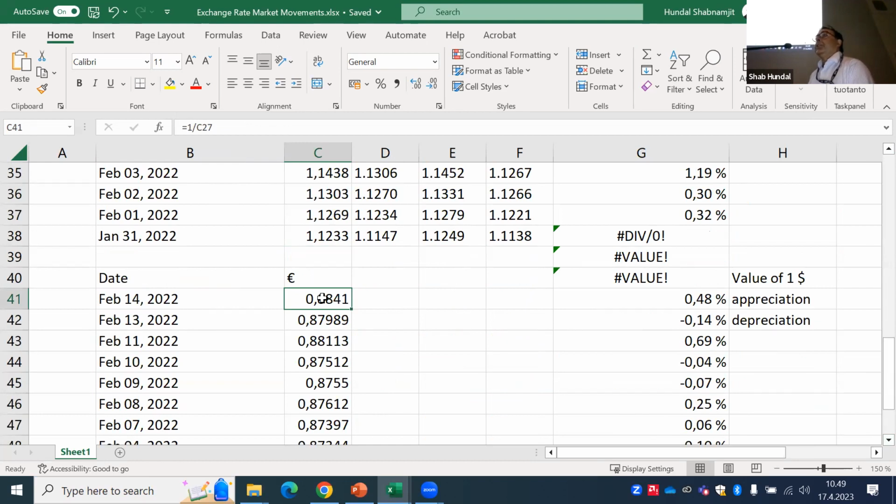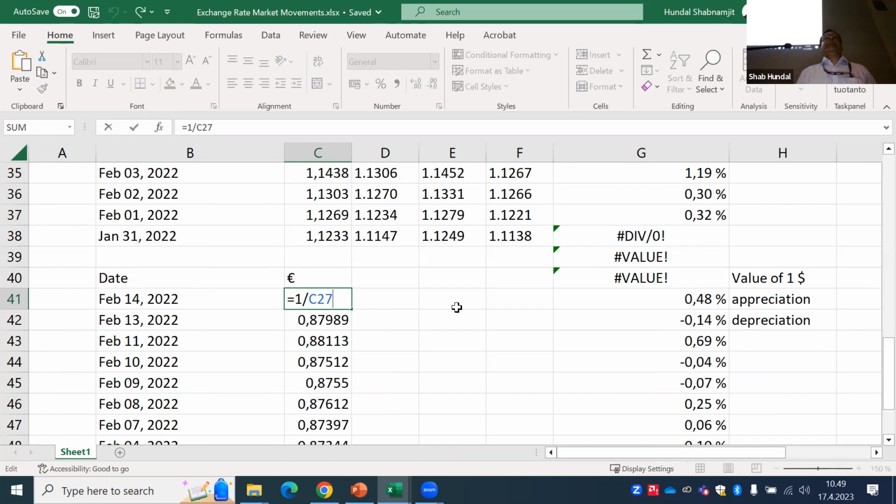So basically, if you know the rate of exchange of €1 in American dollars, you can also find the rate of exchange of $1 American in euros. And guess what I did? I simply put it the other way around.